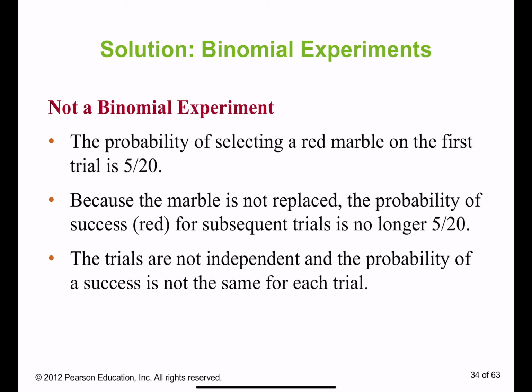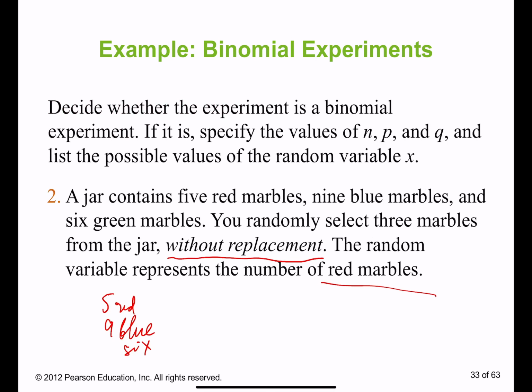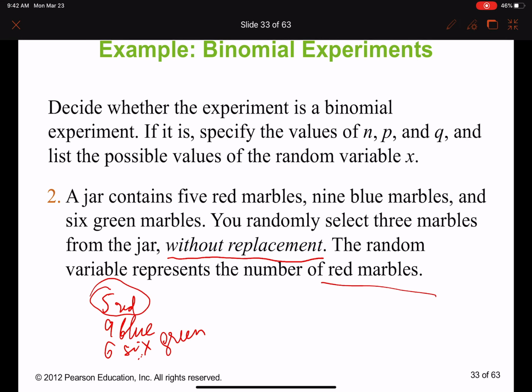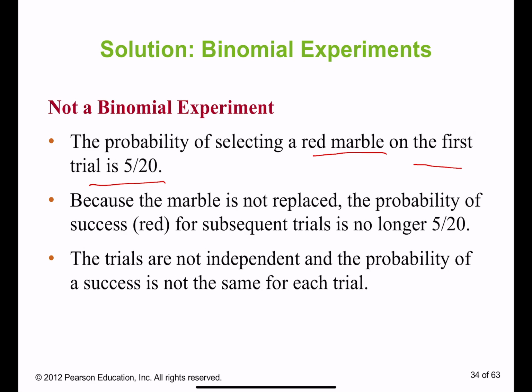So let's explore. The probability of selecting a red marble on the first trial is 5 out of 20. Why 5? Because in total we have 5 red, correct? In total we have 20: 5 plus 9 is 14, 14 plus 6, the 6 green ones.